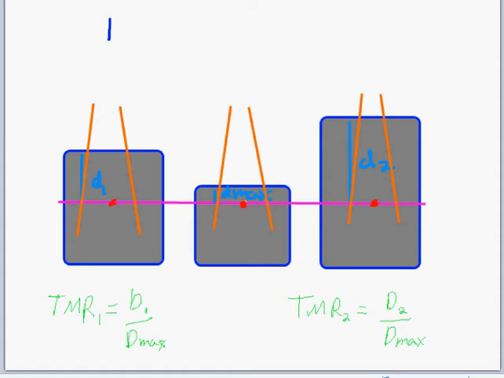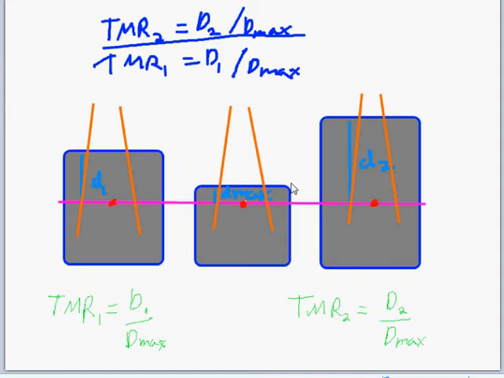So let me write both equations up top here. TMR2 is equal to the dose at 2 divided by d max, and TMR1 is equal to the dose at 1 divided by d max. I've made them a fraction here, so I can cancel the d maxes because they're the same point.